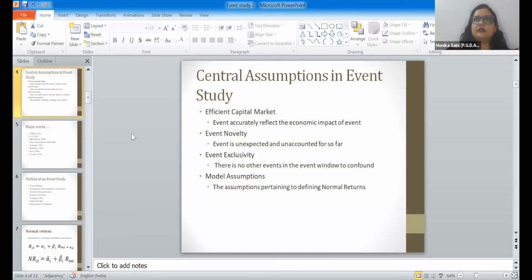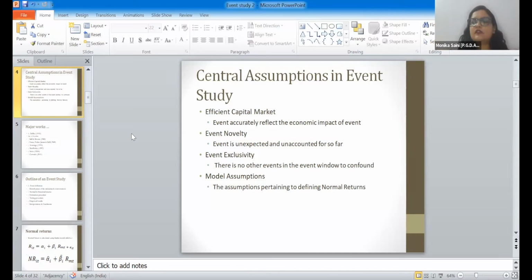Because in that case, the impact on stock prices will be of the event that we are studying as well as of the other announcements. So to purify the impact of the event that we are going to study, we will be excluding those announcements. We call them confounding events.